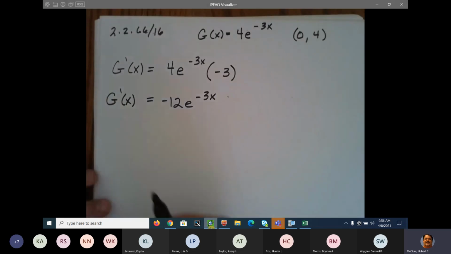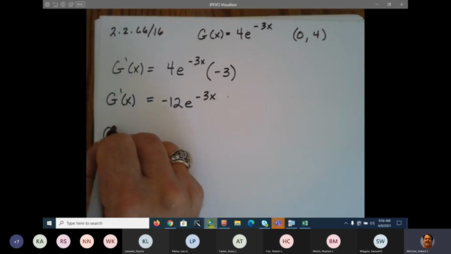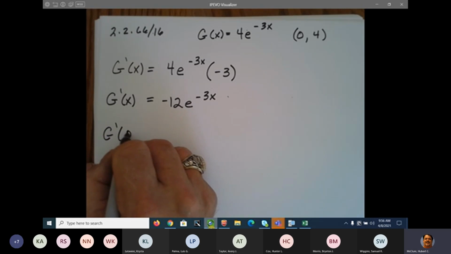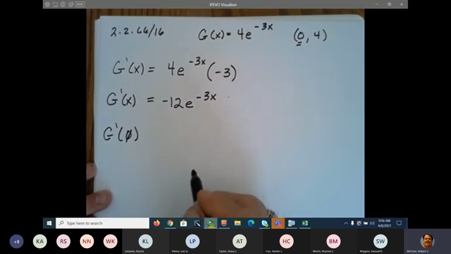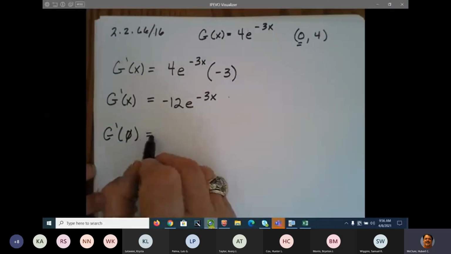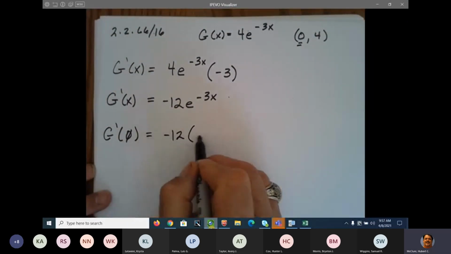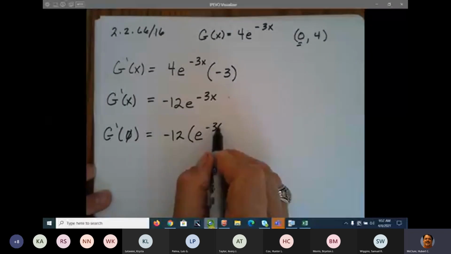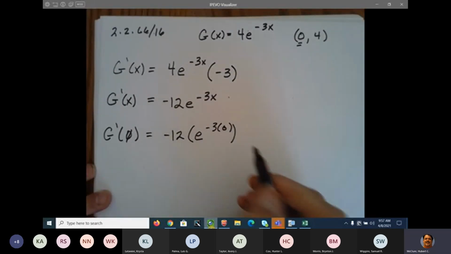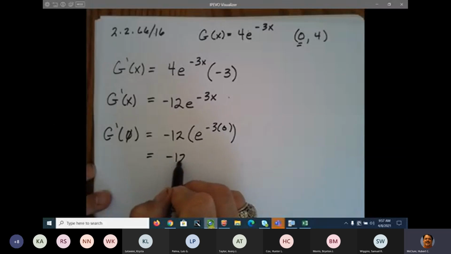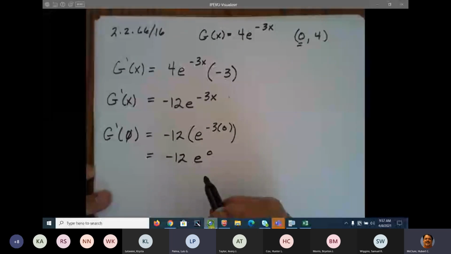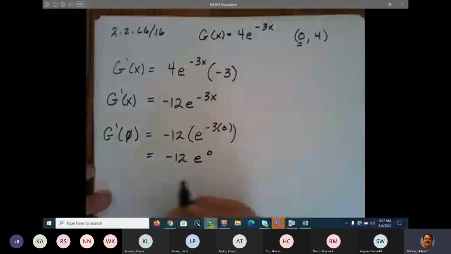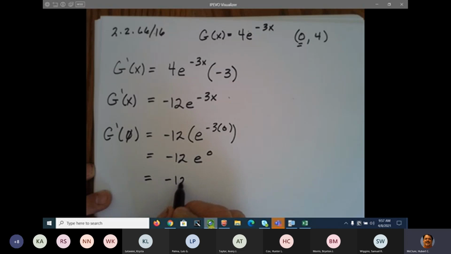So now we've got to find the slope, g prime of 0. Because that's our x. So equals negative 12 times e to the negative 3 times 0. And that's going to be negative 12e to the 0. And what's anything to the 0 power? 1. Anything to the 0 power is 1.